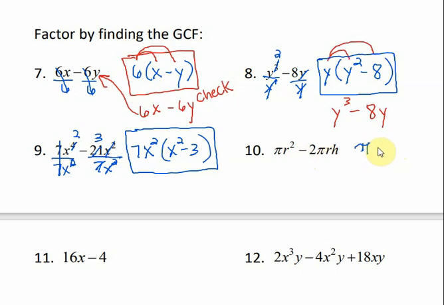Well, this one only has one r, so that's going to have to be our greatest common factor. If I divide this by pi r, I'm left with just one r. If I divide this by pi r, I'm left with minus 2h. Again, pi r times r would be pi r squared. Pi r times negative 2h would be negative 2 pi r h.